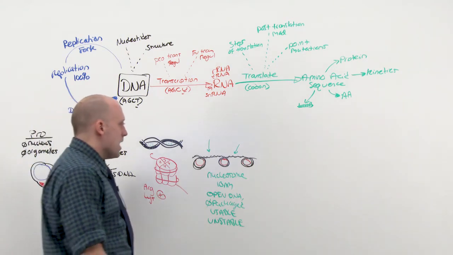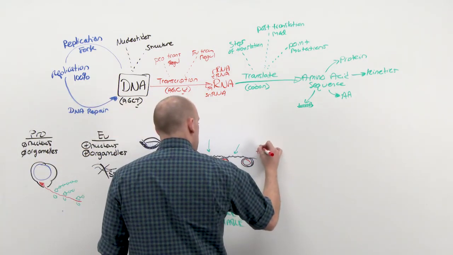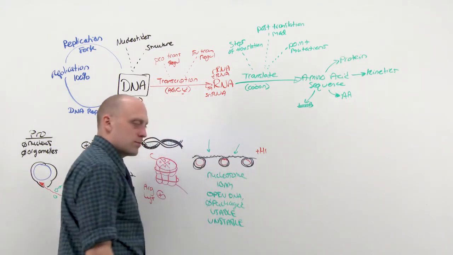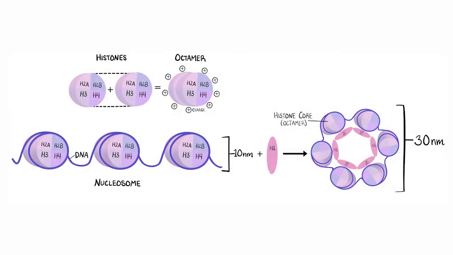So if you add histone 1, this signal, what it does is causes these histones to get really close together. And now not only are they forming a line, but they're forming a 3D structure wrapping around each other. And what happens is the DNA is wound so tightly around the histones and themselves, it becomes this mass of inaccessible DNA.